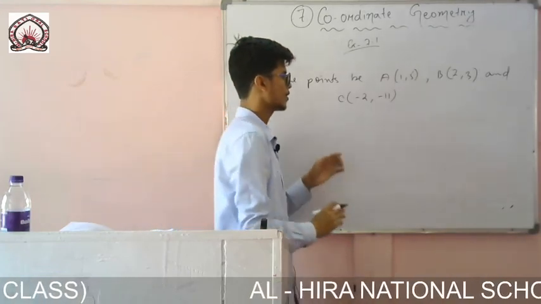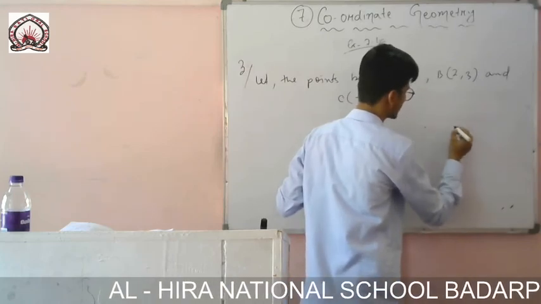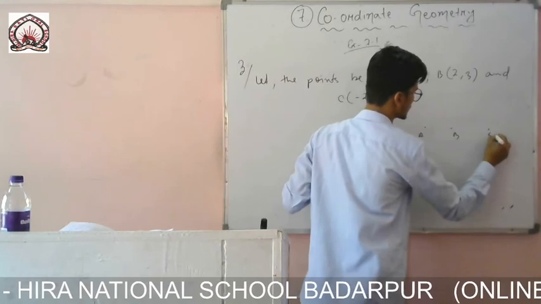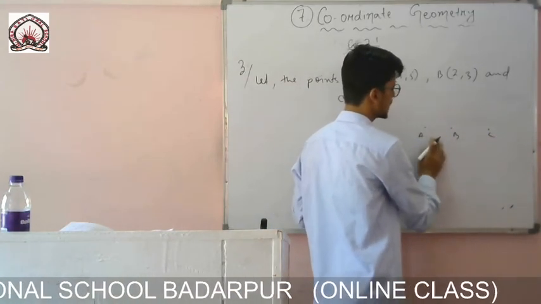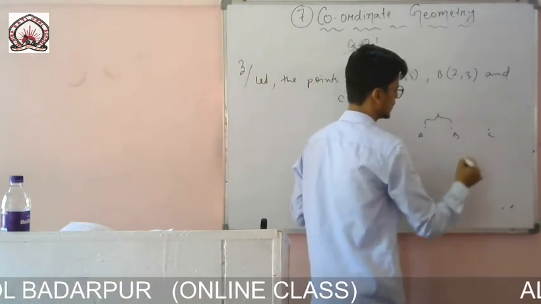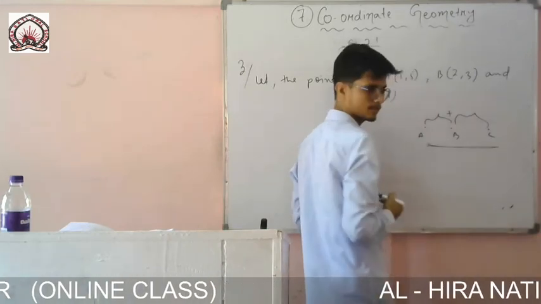So one thing you see, let me take these 3 points lying on the same line, A, B, C. If they lie on the same line, then the distance between this one and this one, if I add, I have to get the third one.